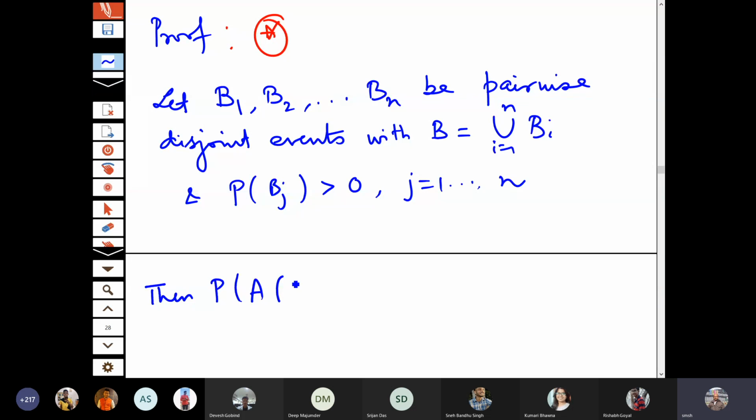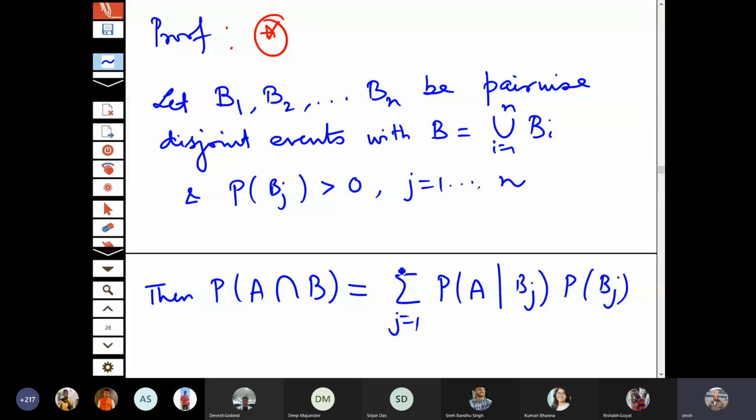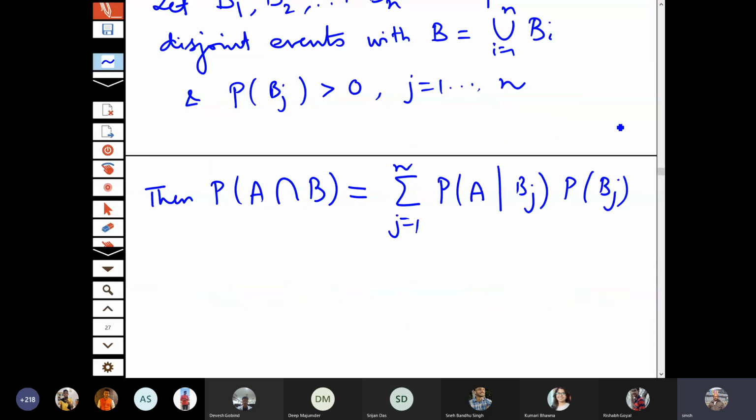probability of A intersection B can be written as sigma probability of A given Bj into probability of Bj, of course. The proof is very simple. A intersection B we can write as A intersection of union Bj, j is equal to 1 to n.